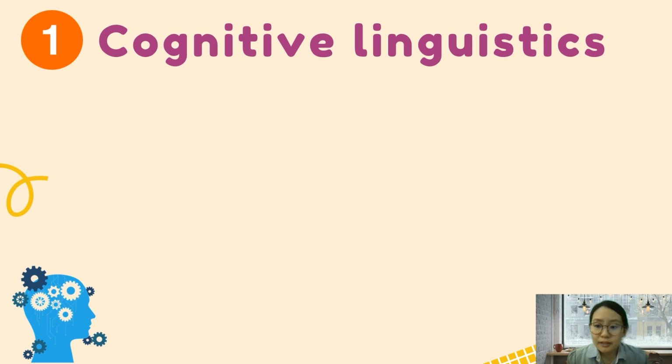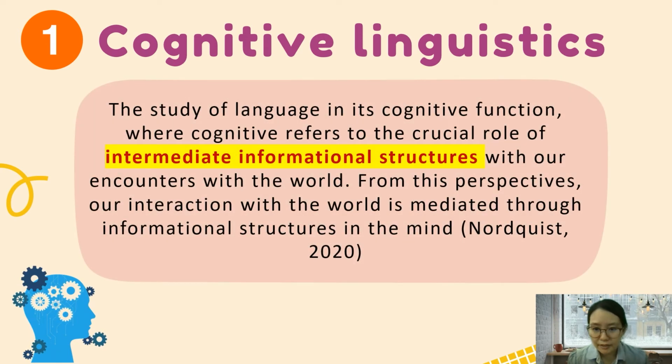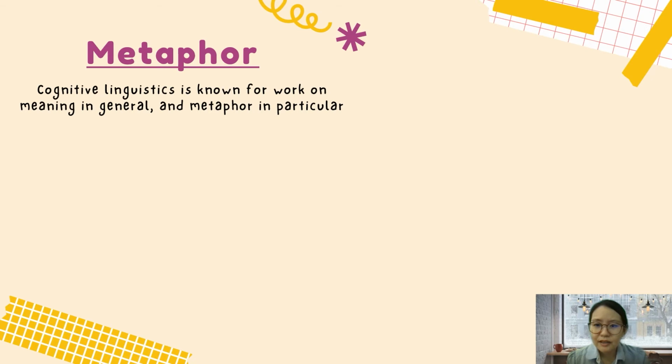Therefore, from this perspective, our interaction with the world is mediated through informational structures in the mind. However, humans perceive the world from different perspectives, so the meaning of words and discourses could be very subjective based on different contexts.